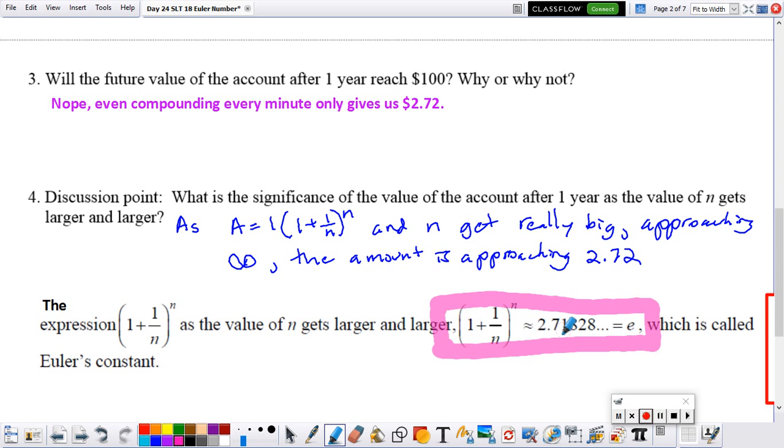This is a number. It's called Euler's constant. We say that this number e is an irrational number. It cannot be expressed as a fraction. It's kind of like pi or the square root of 2. It is an irrational number. But we are going to use Euler's number a lot in the real world because Euler's number represents continuous growth.